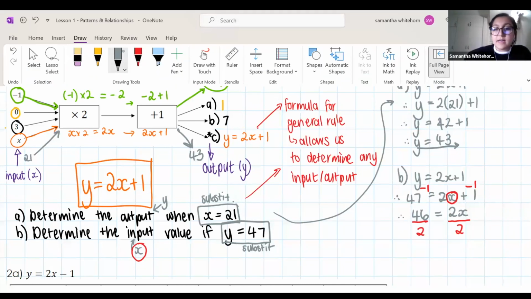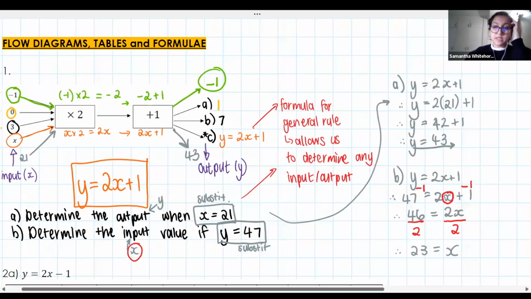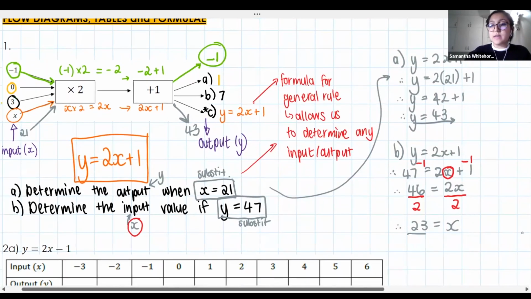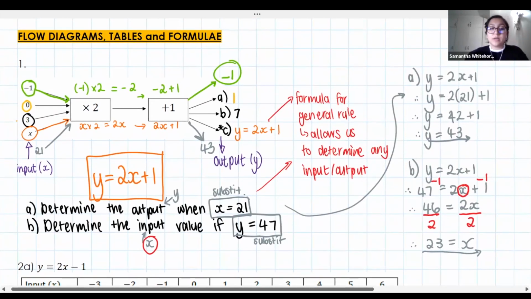And so what I end up with is that x is equal to 23. If you divide 46 by 2, you end up with 23. And so what you've done is you've determined your input value when I gave you the output.